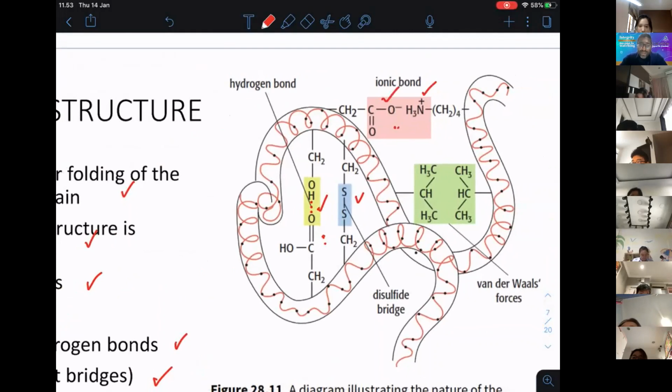This is an ionic bond. And the side chain and side chain will give you van der Waals forces of attraction. So there is so much attraction happening in this tertiary structure that the structure is going to be stable, and it will have a complex structure.